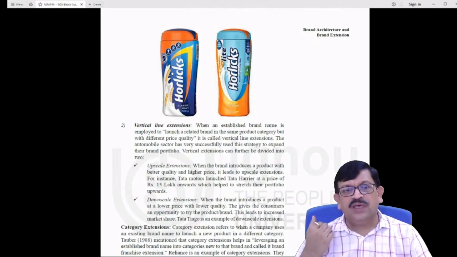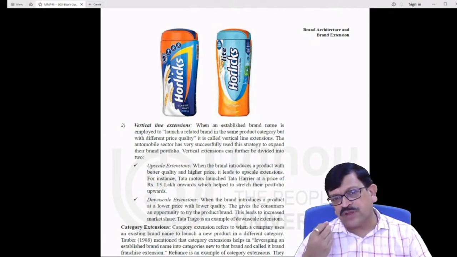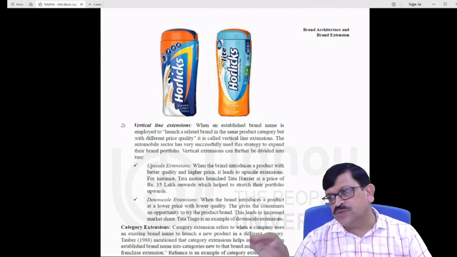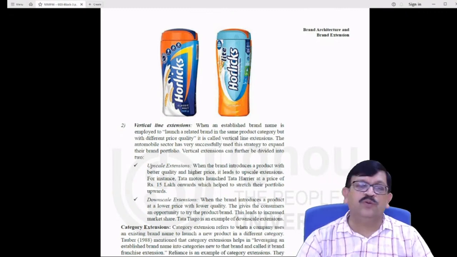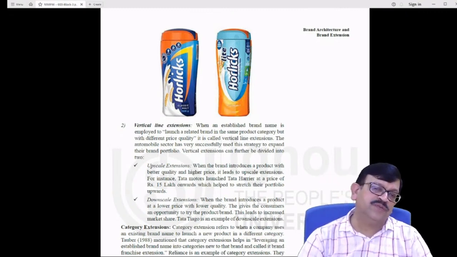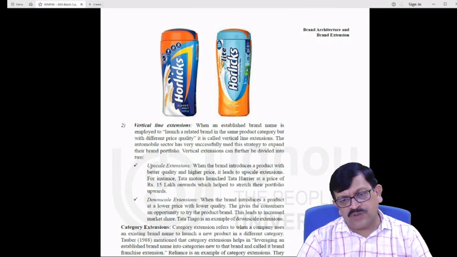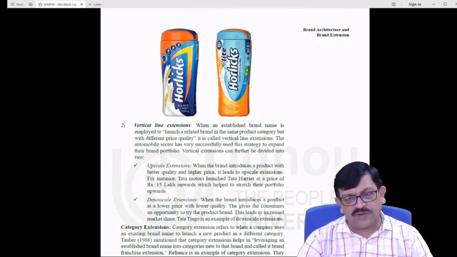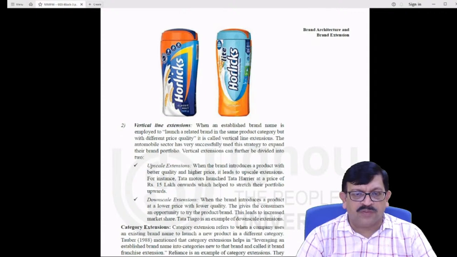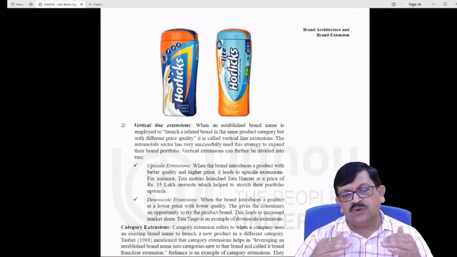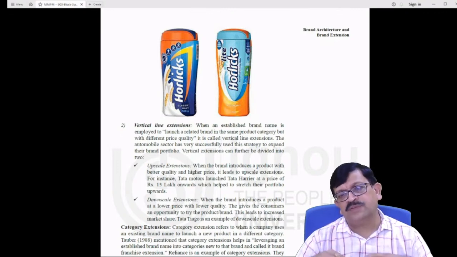Downscale extensions are where we try to reduce certain features and come up with a low price variant in the market, for a lower consumer requirement, because everybody is not going to buy the same level of quality. If you scale the main product down, perhaps that will be more acceptable to them.